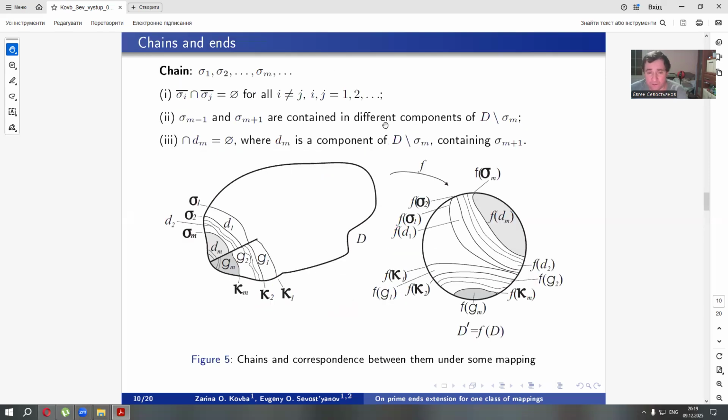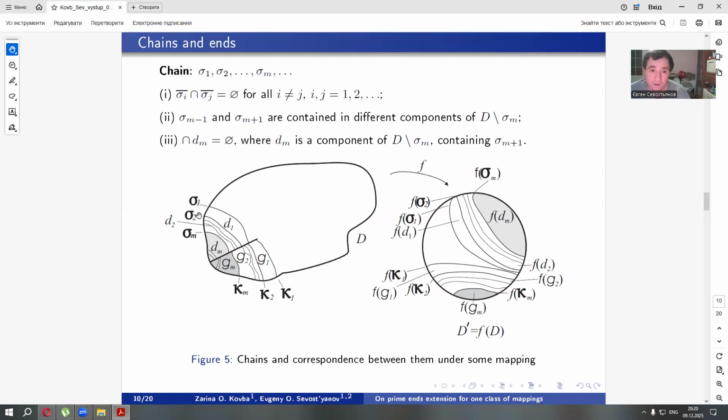So, on the previous page, if we have a cut sigma m, then a domain dm is a small domain which is formed by this cut in the domain D. These small domains dm are increasing sequences of domains.